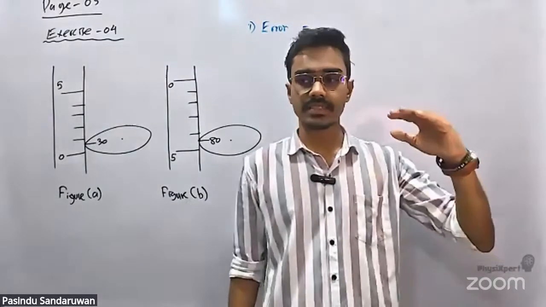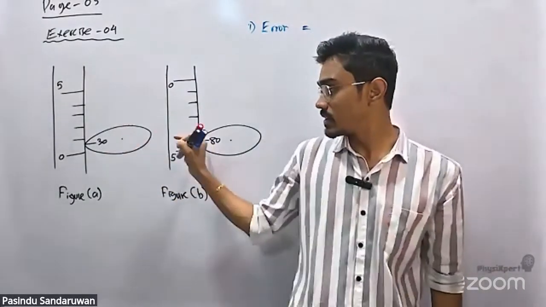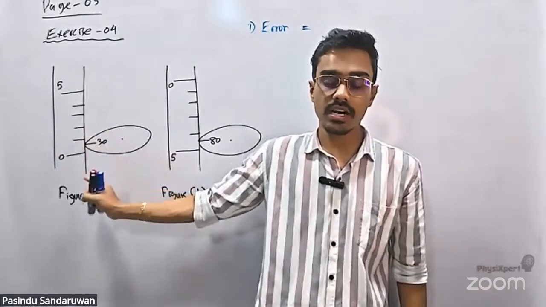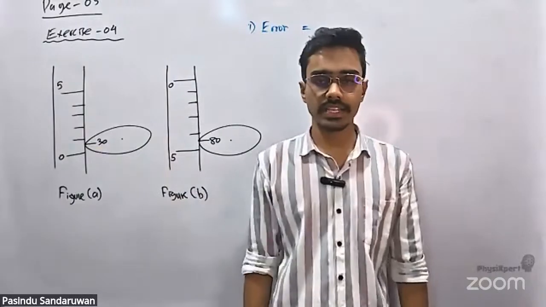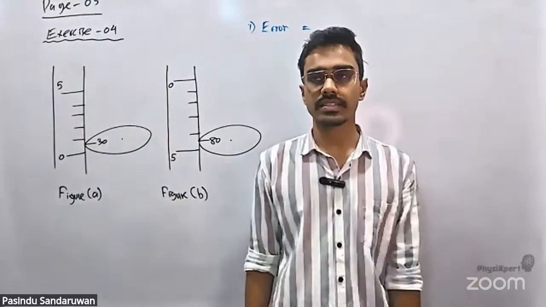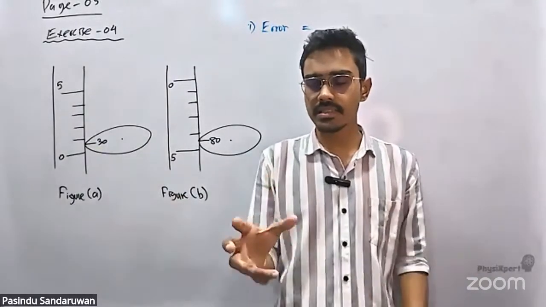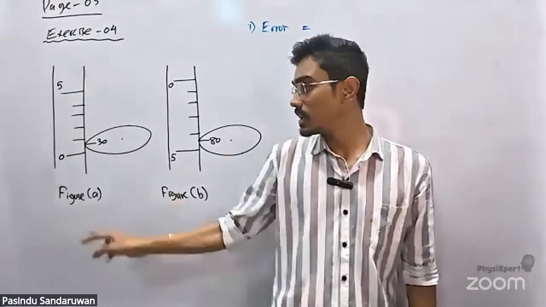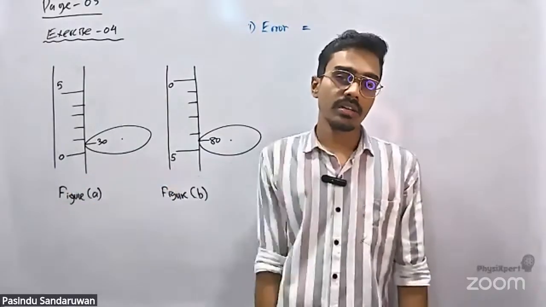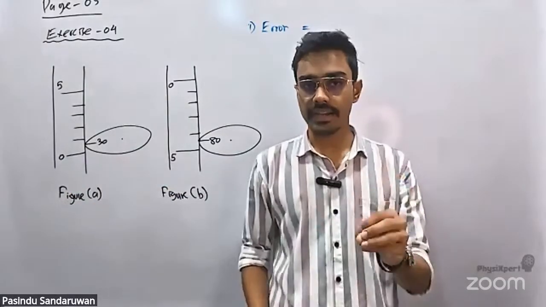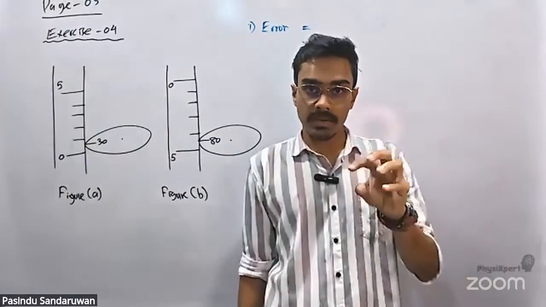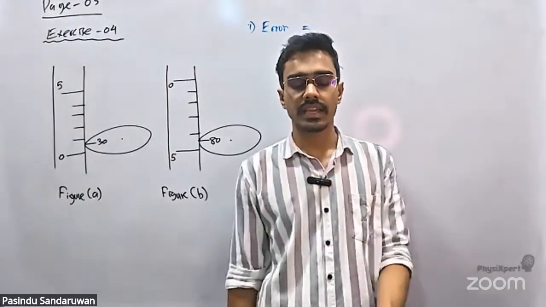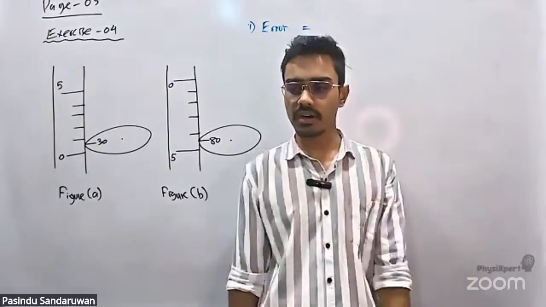One error is when the circular scale zero is above the linear scale zero. If that is above the linear scale zero, we read the error as the number of coincided divisions into least count, right? If it is below the linear scale zero, the error is read as the total number of divisions in the circular scale minus the coincided number of divisions in the circular scale, the whole thing into least count, right?